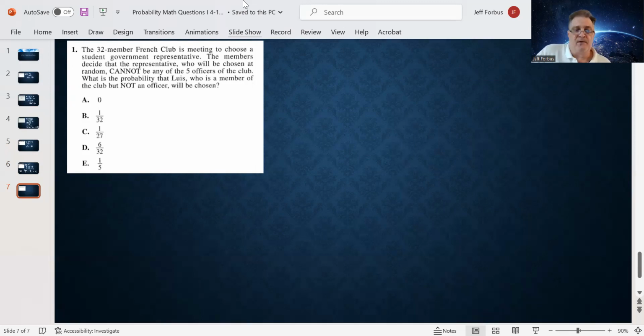What is the probability that Lewis, who is a member of the club but not an officer, will be chosen? Okay, so we know there are 32 members. And we know 5 are officers.